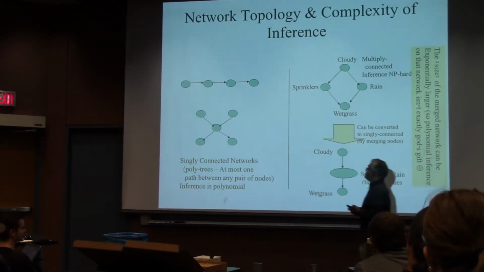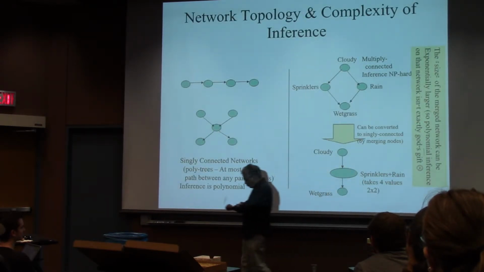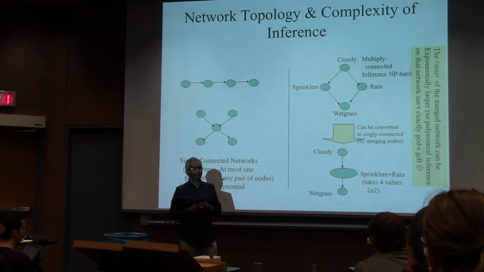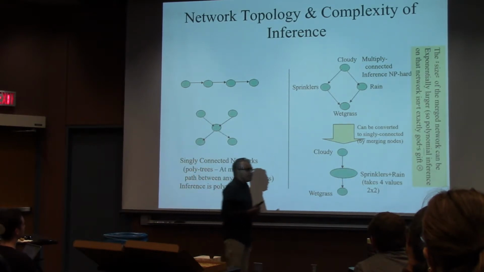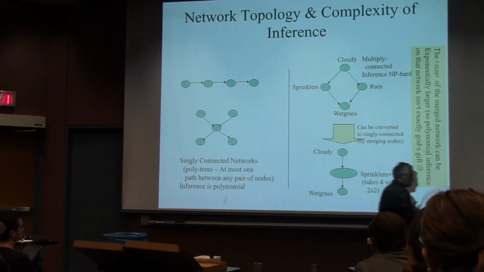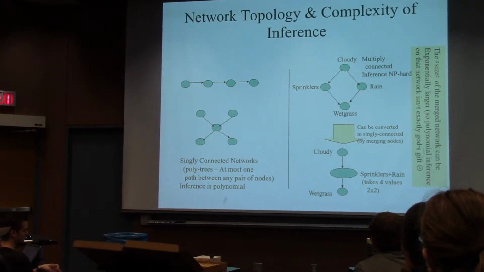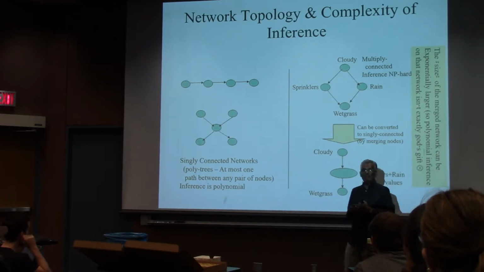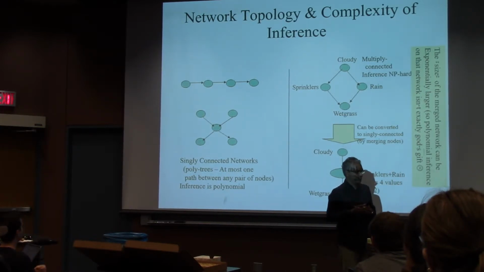So, what would be the equivalent of that for Bayes networks? It turns out that for Bayes networks, in general, the thing to think about is the topology of the network. You talk about singly versus multiply connected networks.